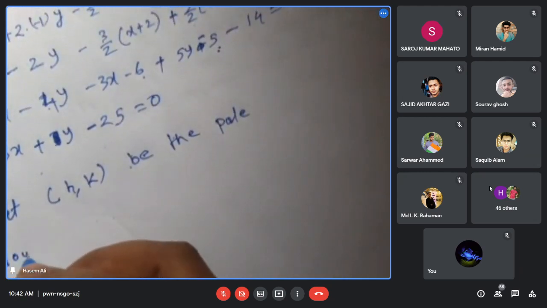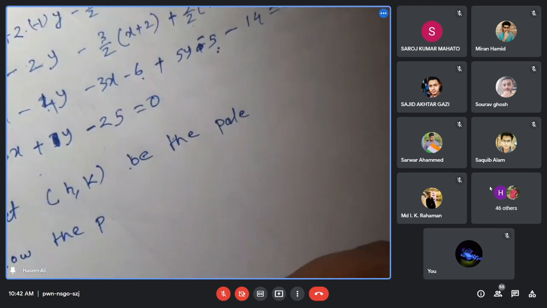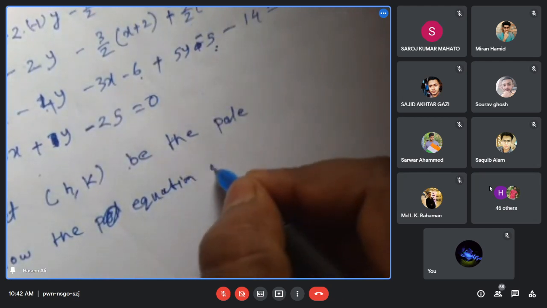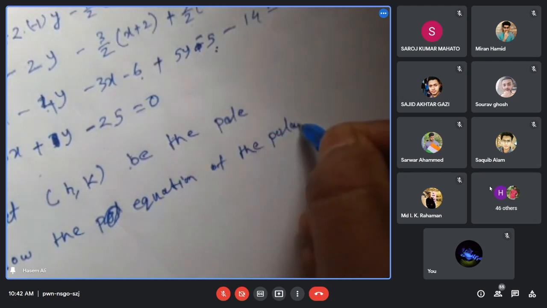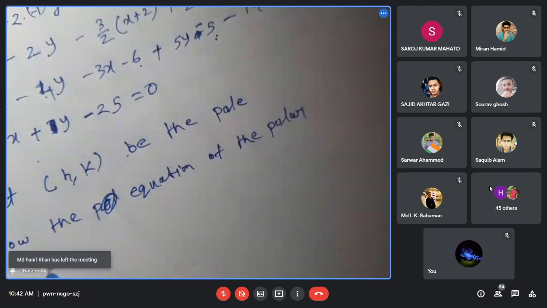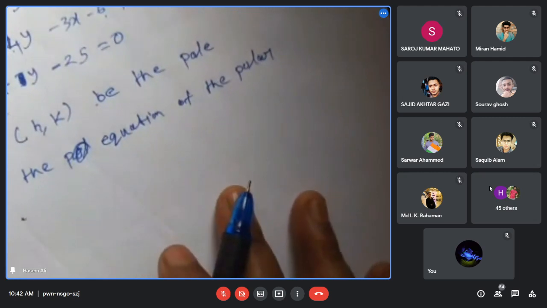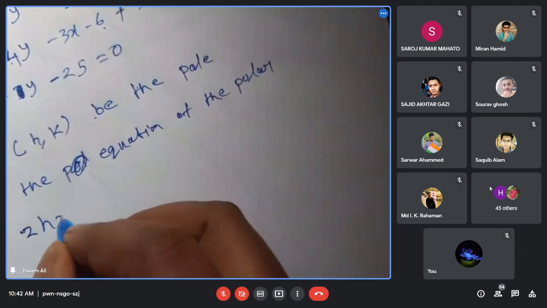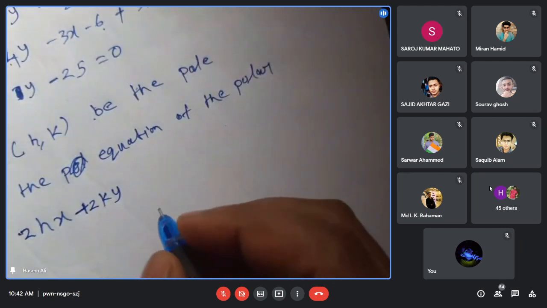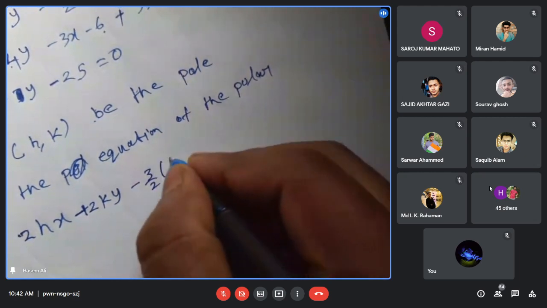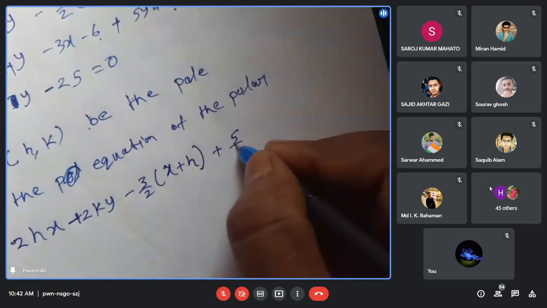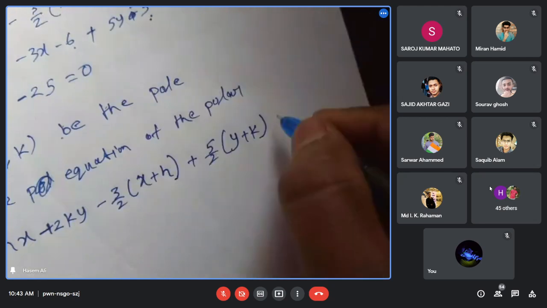Now the equation of the polar is 2hx + 2ky - 3/2 (x + h) + 5/2 (y + k) - 7 = 0.